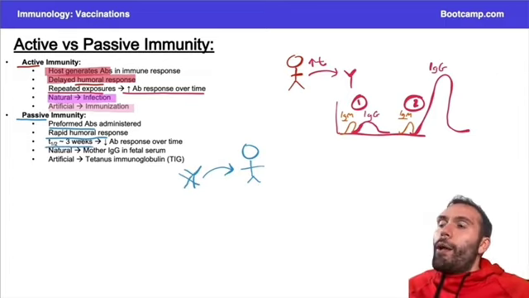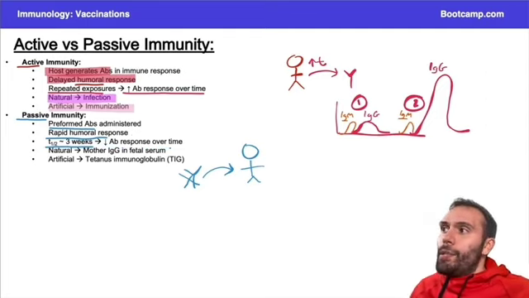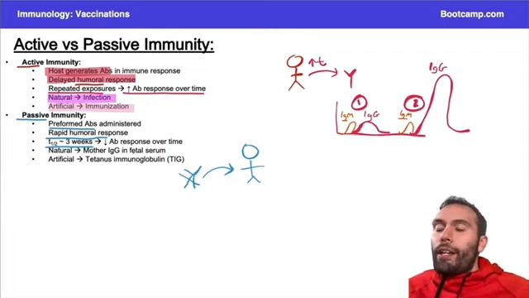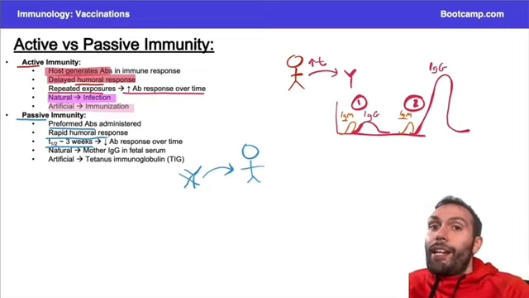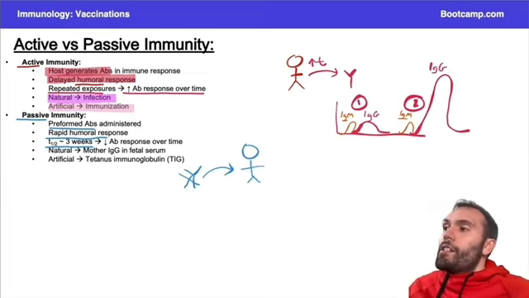In general, around 3 to 4 weeks, that antibody response is going to start to come down and decrease over time. And this is exactly what we see when we talk about mothers giving IgG to newborns, or to the fetus potentially. Because remember, IgG can cross the placenta, whereas the other immunoglobulins are going to have some difficulty doing that, right? IgM is way too big to be crossing the placenta, but IgG does in fact cross the placenta.